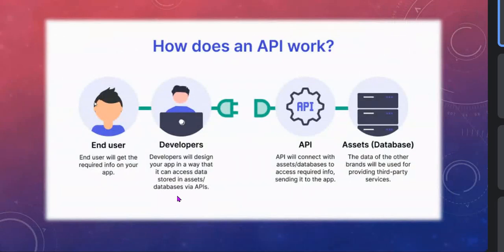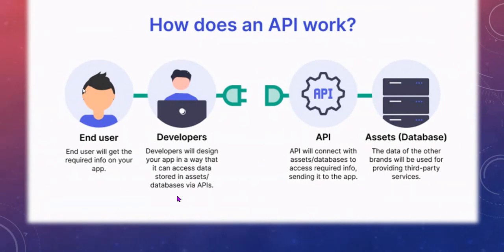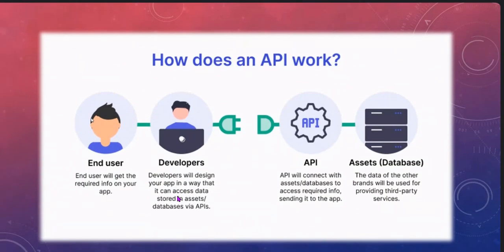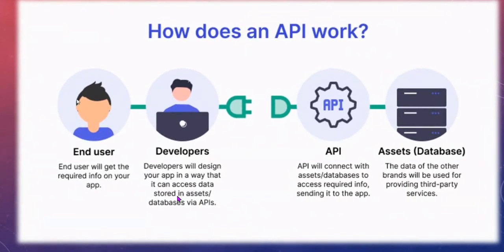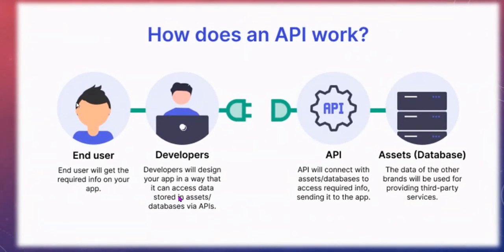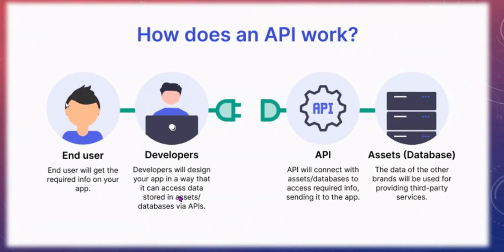Next, how does an API work? To explain this, I want to give you a simple instance. Consider a person visiting a restaurant. When the person reaches the restaurant, he becomes a customer there, and a waiter will approach him asking what he needs.